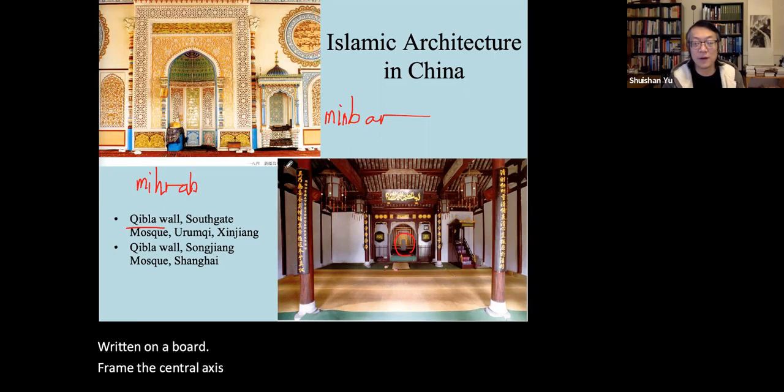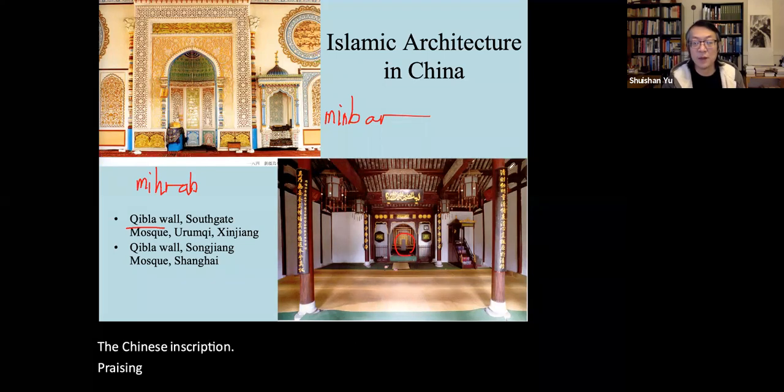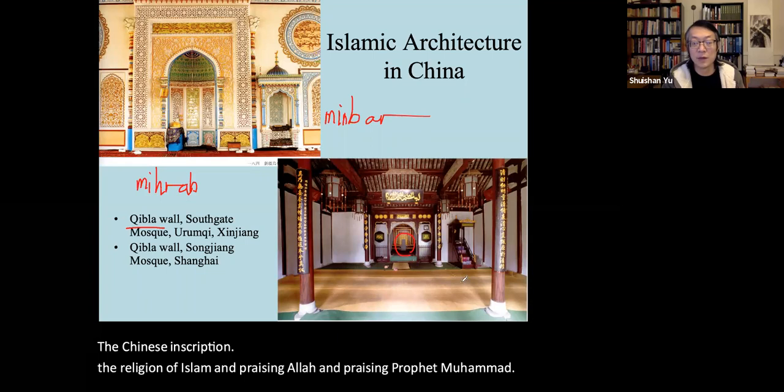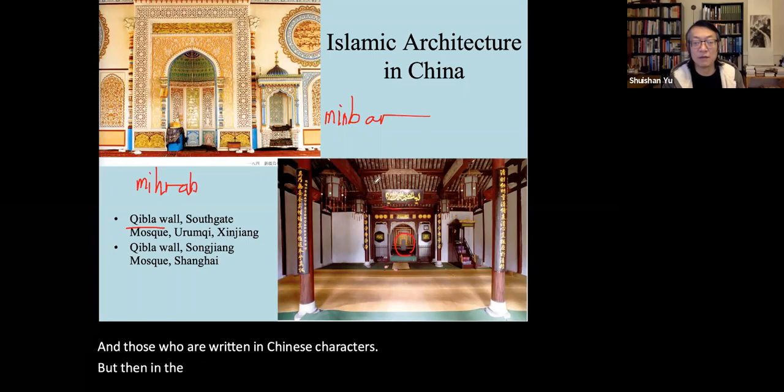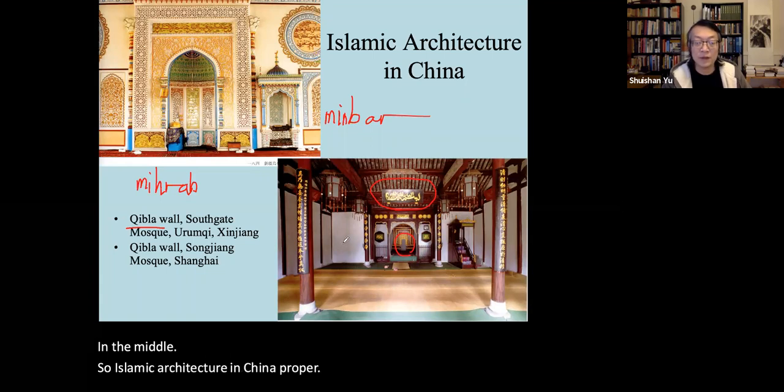So there we have the Chinese inscription praising the religion of Islam and praising Allah and praising Prophet Muhammad. And those were written in Chinese characters. But then in the very center, we have the Arabic writing, Arabic inscription in the middle. So Islamic architecture in China proper combined the two traditions.